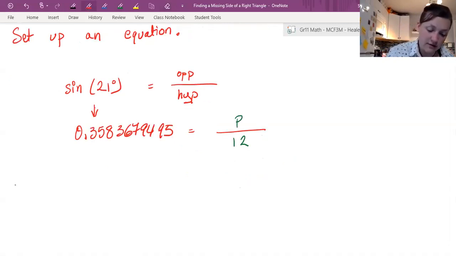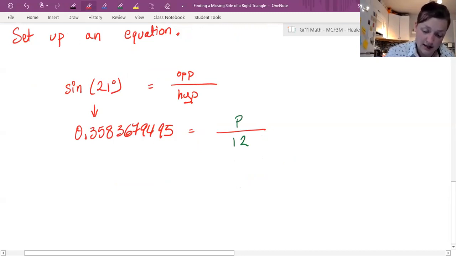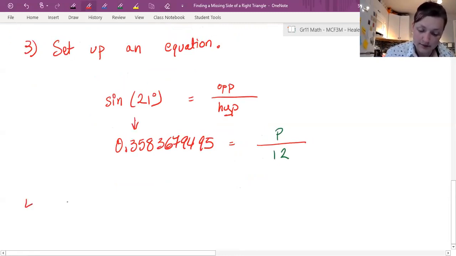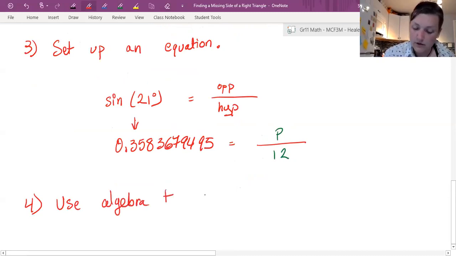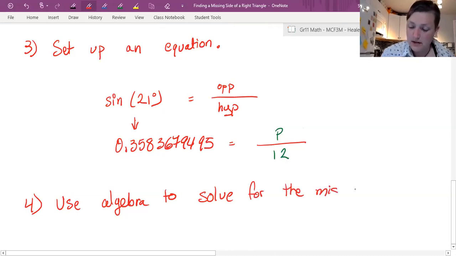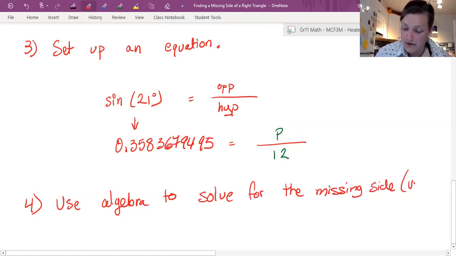So step 4 is use algebra to solve for the variable, the missing side, which now I've written as a variable here.